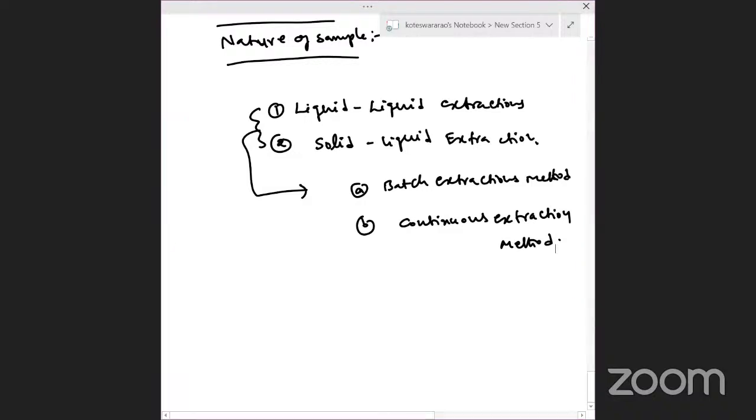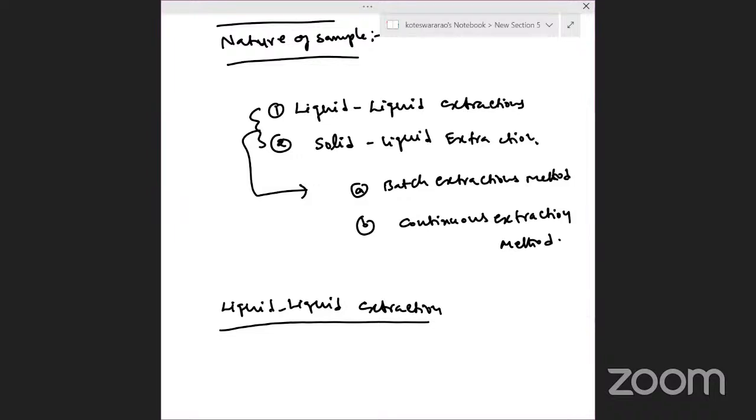In this liquid-liquid extraction, the sample solution containing the material to be extracted is usually aqueous, because whatever the liquid compounds are, maybe an organic compound, can be easily soluble in the organic solvent, and once they are soluble in the organic solvent, we can extract with the aqueous solution.